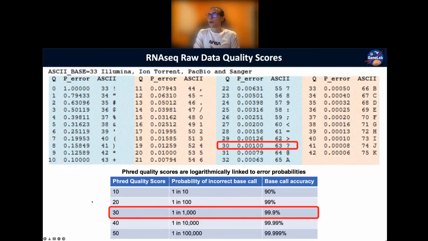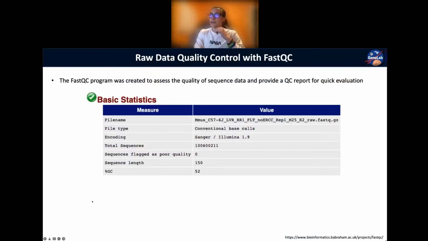When we run it through FastQC, we'll be able to assess the quality of sequence data for all the sequences of a sample, and it'll give us a nice HTML report file that summarizes the quality of all of our reads.